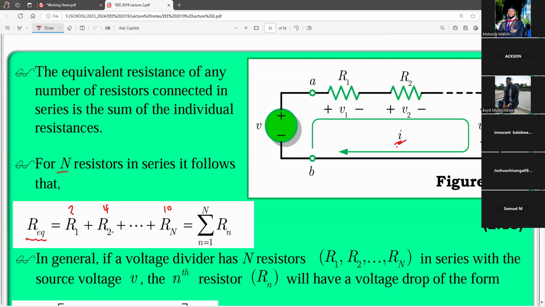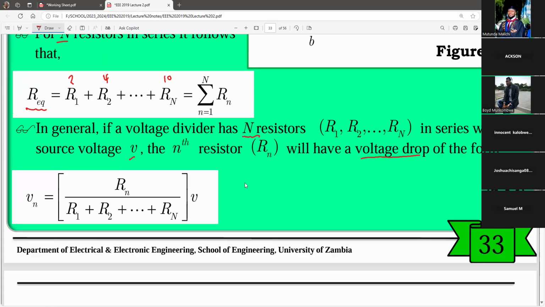So if a voltage divider has n resistors, R1, R2, R3, R4, R5, like that, connected in series to a source voltage V, the nth resistor or the 95th resistor will have a voltage drop determined by this equation 2.14.